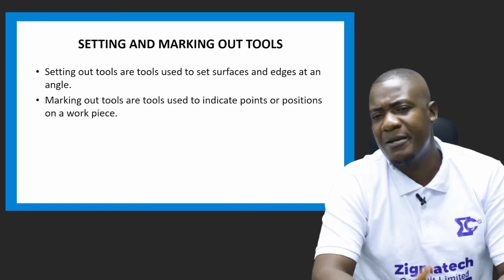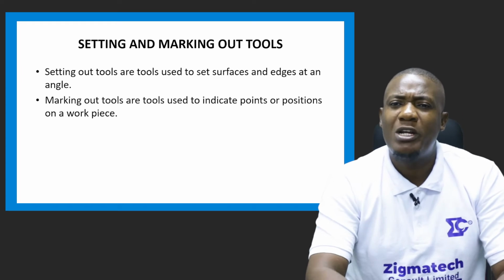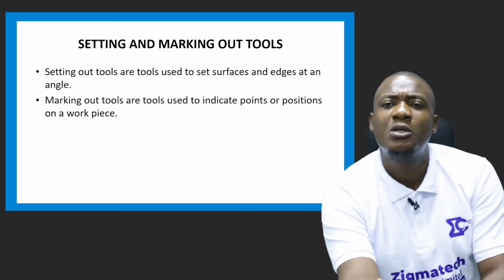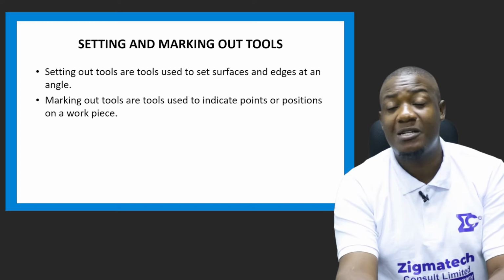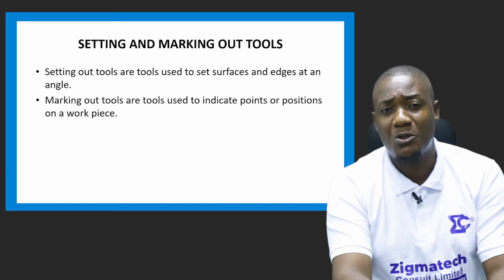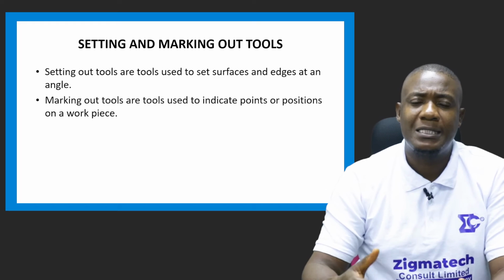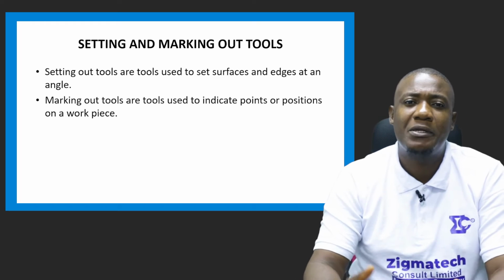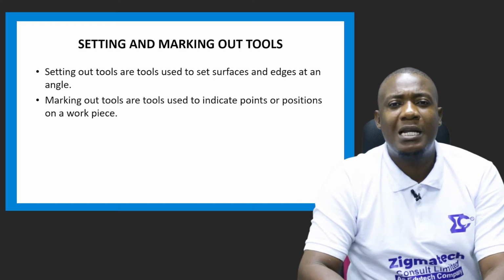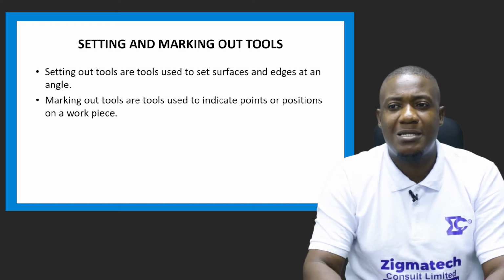You see, sometimes the odd leg caliper can also be looked at as a marking out tool. Yeah, please take note of that. When you have different options for marking out tools and you don't have any marking out tool, but you have an odd leg caliper there, that odd leg caliper can function as a marking out tool.